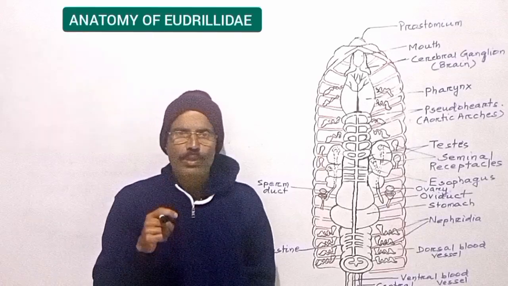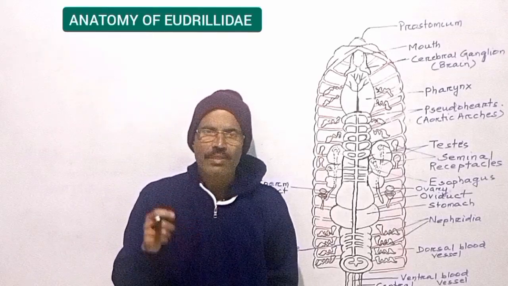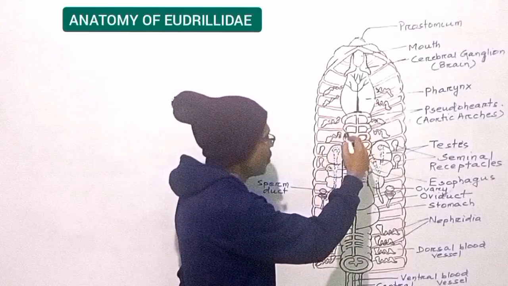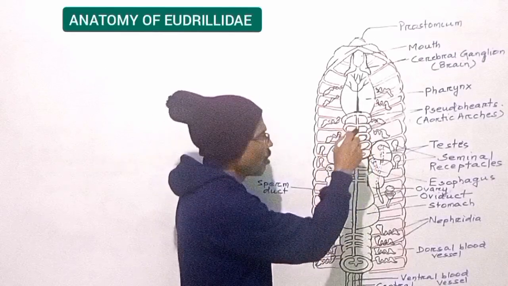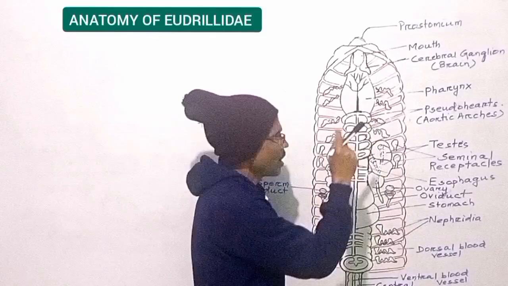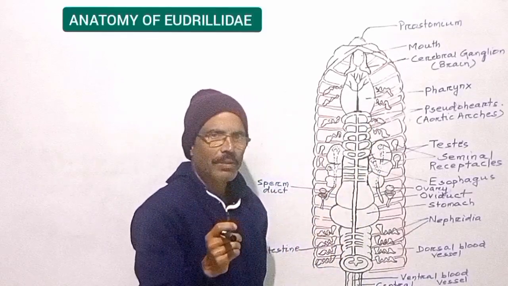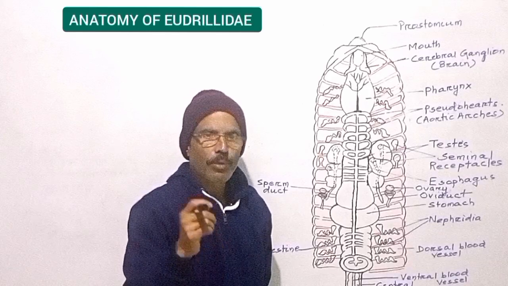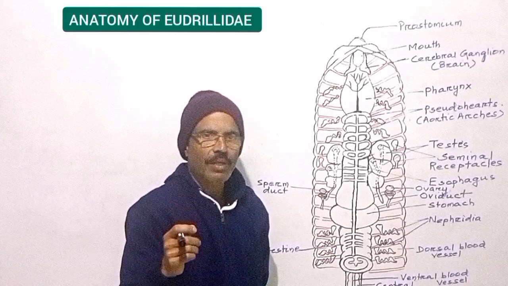The circulatory system also contains several pairs of contractile ring vessels known as pseudohearts or aortic arches. The aortic arches, which encircle certain segments in the anterior portion, pump blood from the dorsal to the ventral blood vessel.